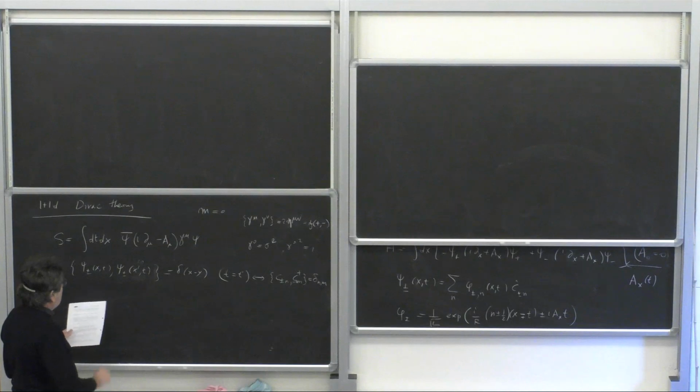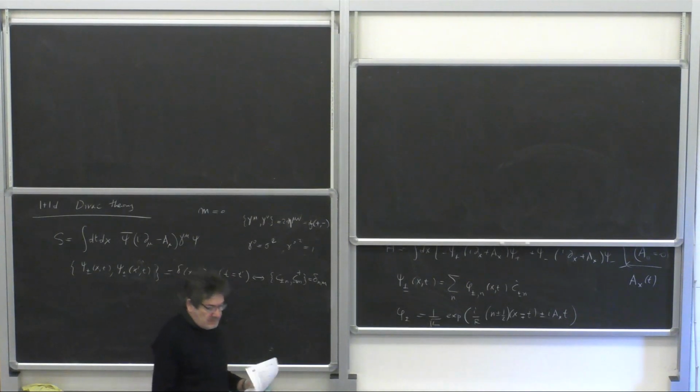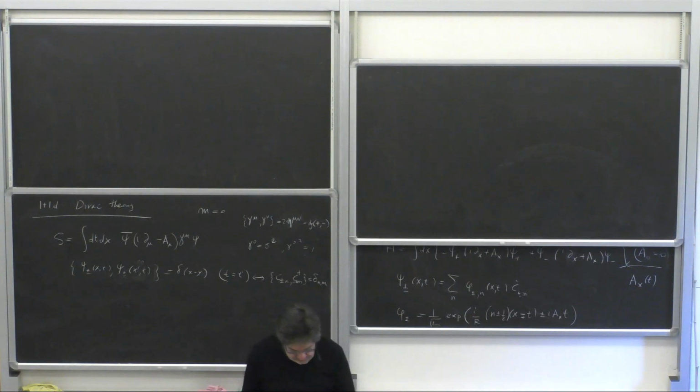So the two components are split and each one has an anticommutation relation.